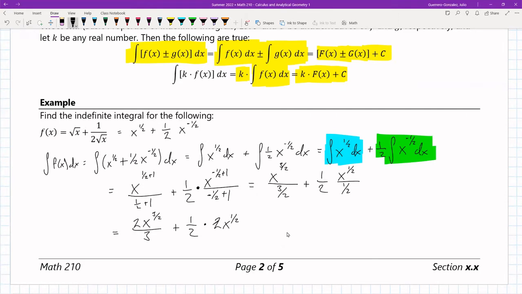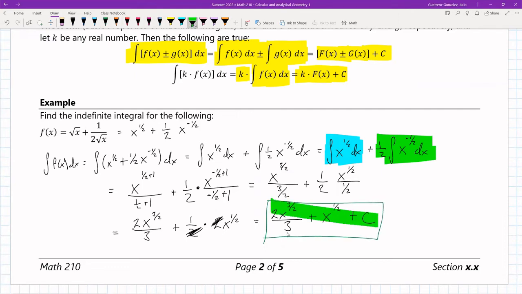I'm going to cancel out these two right here. And I get left with 2x to the 3/2 over 3 plus x to the 1/2 plus c. And we are done. Here's our integral. Here is our antiderivative.